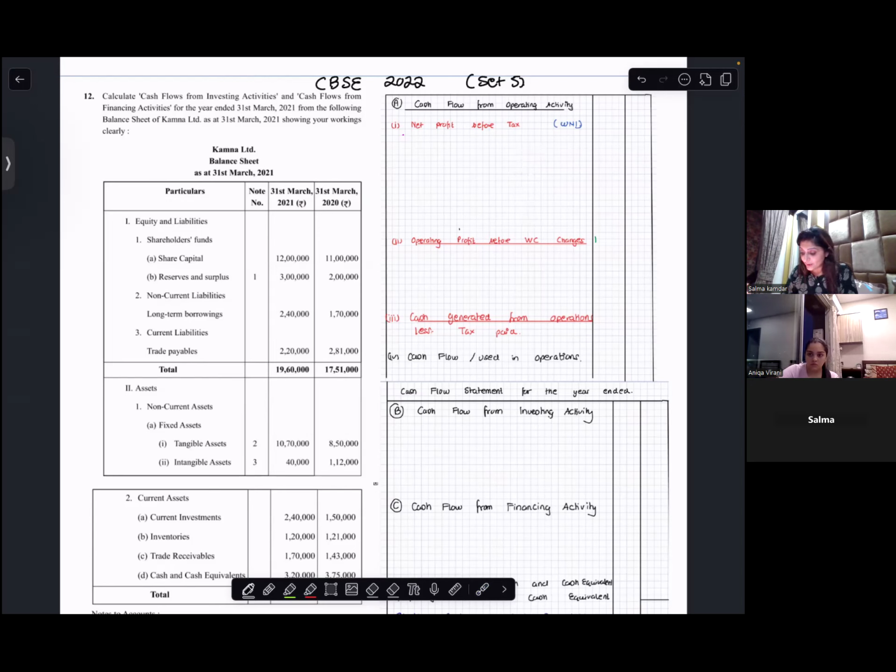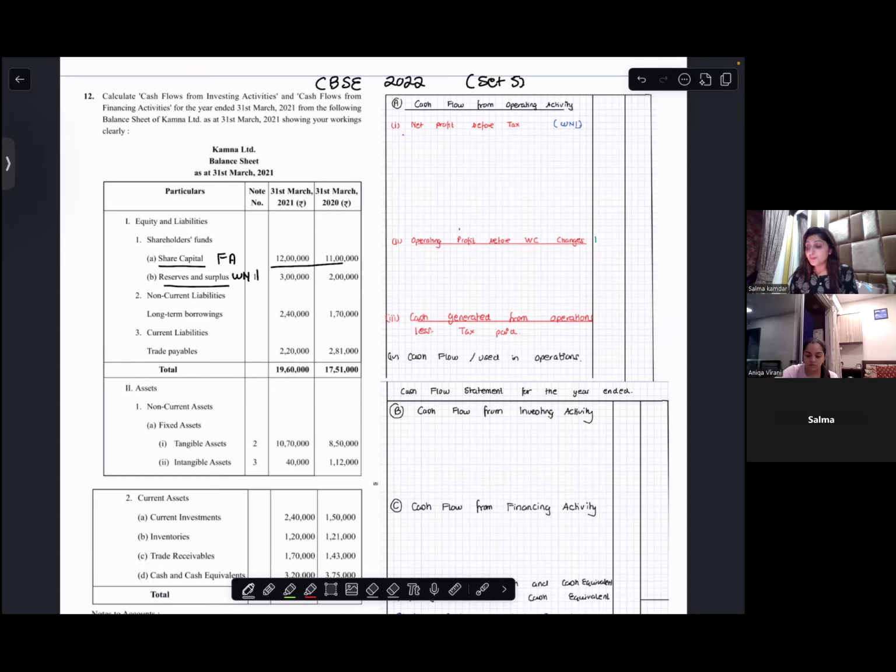When you're reading your question, you should know that share capital is always related to which activity? Financing. Share capital is always related to financing activity, and reserves and surplus will always be related to working note number 1.